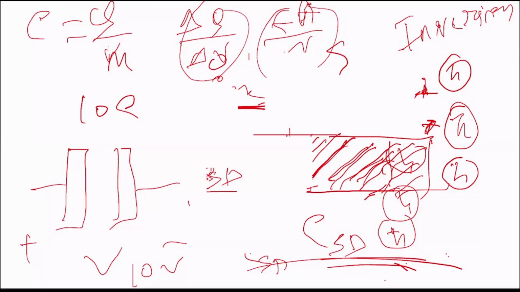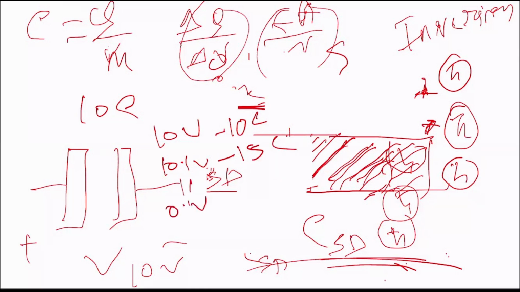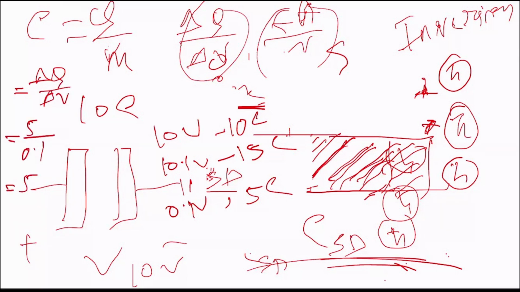When you have 10 volt across it, let's say you have 10 coulomb. If you increase this to 10.1, then you have 15 coulomb. So the voltage change is 0.1 volt and the charge change is 5 coulomb. So del Q by del V becomes 5 by 0.1, which is 50 farad, right?